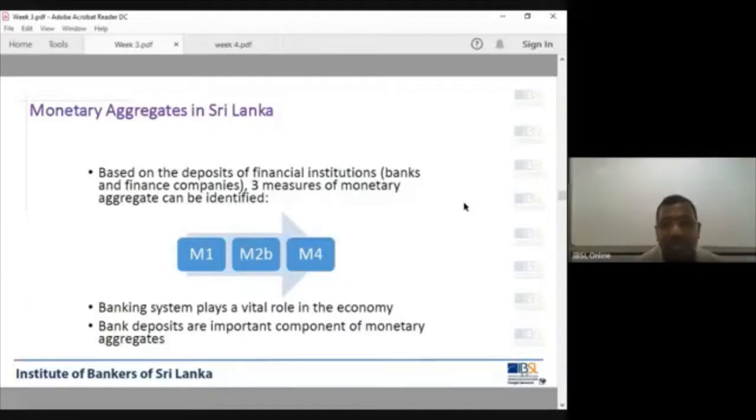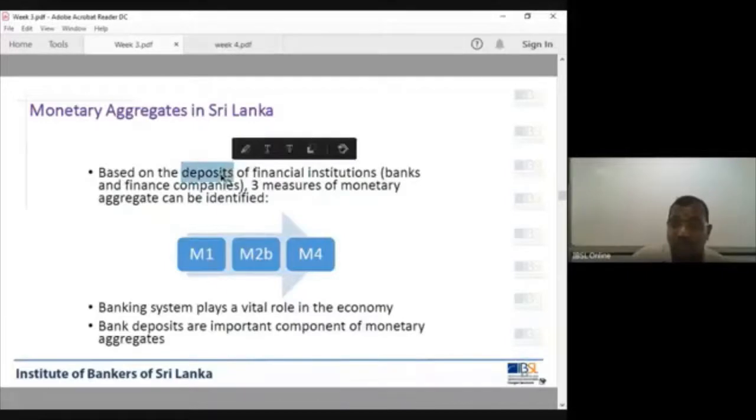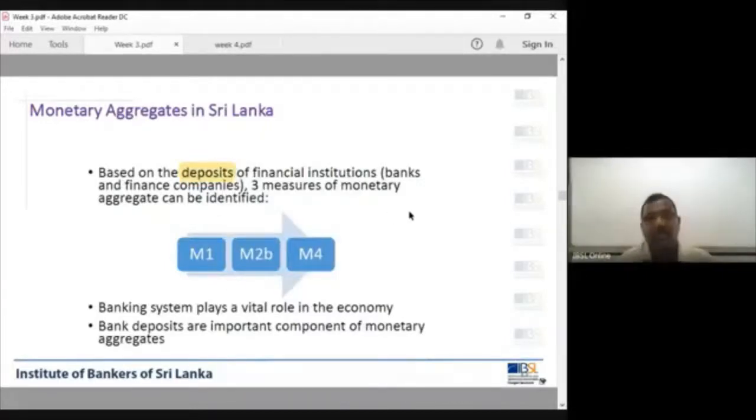So that is happening through what? Through deposits of the financial institutions. So financial institutions take deposits, and through that they expand the definition of money.